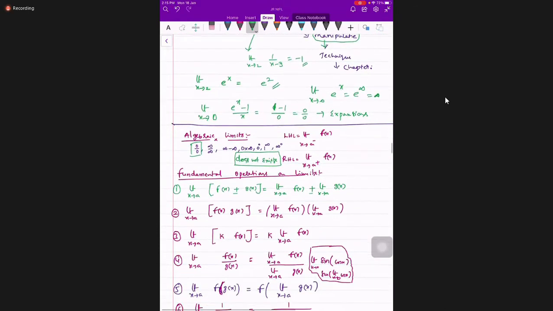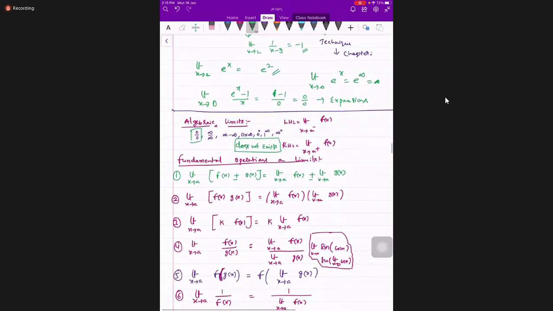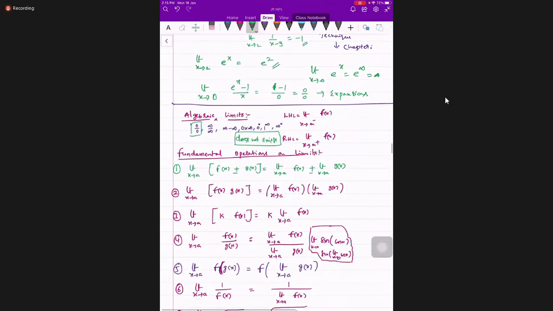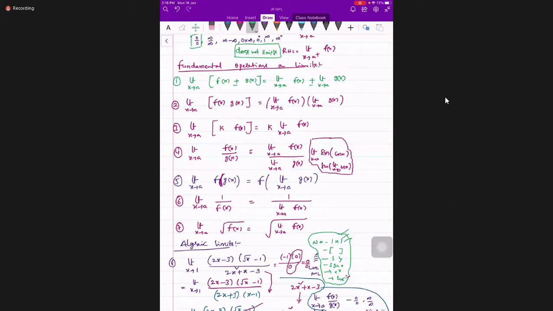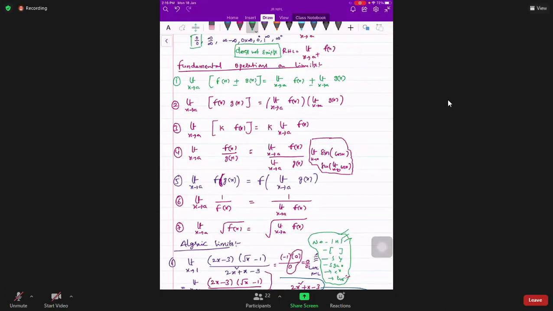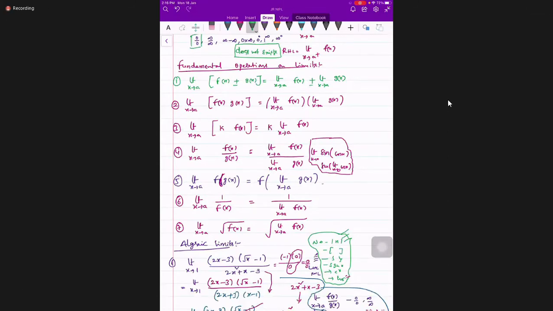And here we have algebra of limit, students. Algebra of limit. Limit of a function means individually you cannot take the limit; even subtraction also, multiplication, constant, division, composition here. Here, composition means function of function.